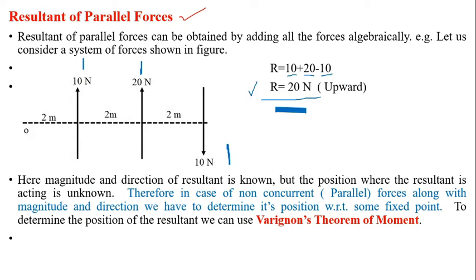Magnitude is known, 20 Newton, direction is known, upward, but the position of the resultant is unknown. So if I ask you to find the resultant of this system, easily you can calculate it. But if I ask you where this force is acting, whether in between O and the 10 Newton force, or in between the 10 Newton and 20 Newton force, or in between the 20 Newton and the last 10 Newton force, you cannot answer.